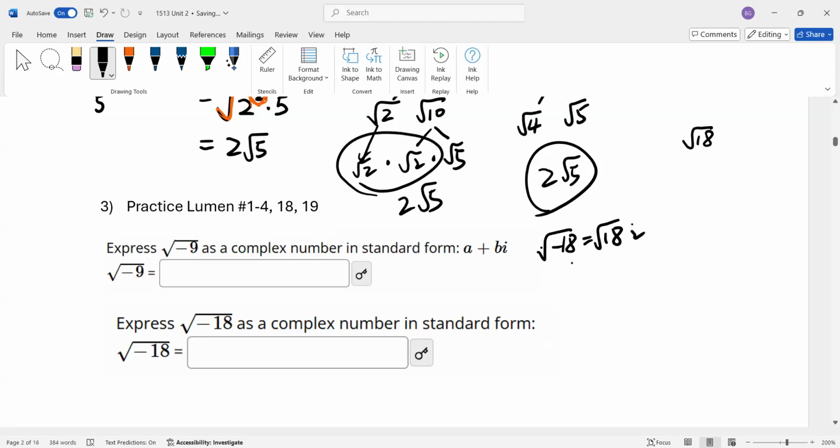Try the technique. 18 is an even number, so root 2 times root 9, right? And root 9, you know, is 3. So this is 3 root 2. Normally we write the radical after a rational number. We write the rational number in front of the radical. So we have 3 root 2 i, okay? Oh, my bad. This is 3 root 2 i.